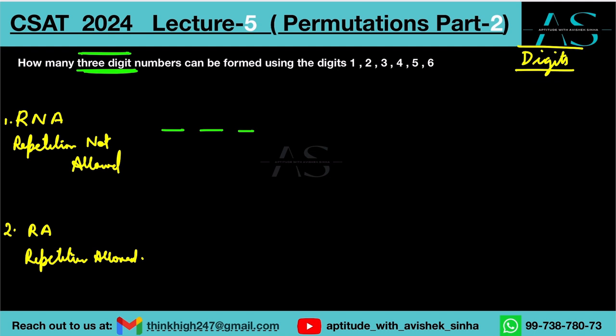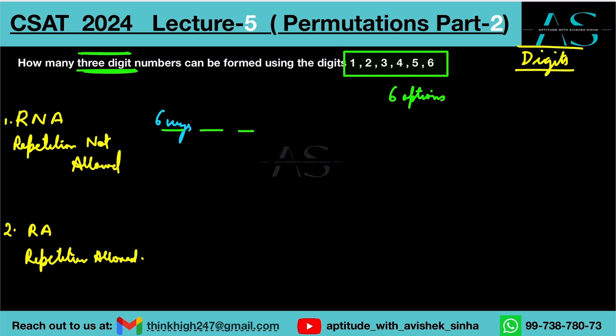We simply start with how many options do we have? We have 6 options. Any of the chairs can be filled in 6 ways. Next chair can be filled in 5 ways. Next chair can be filled in 4 ways, because you cannot use the same digit which you have used. Or if I try to break this down, to fill the first chair you have 6 options.